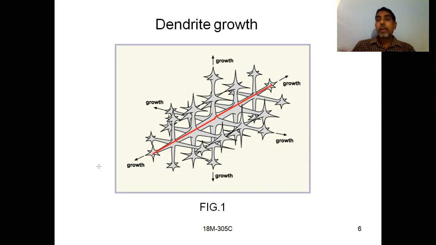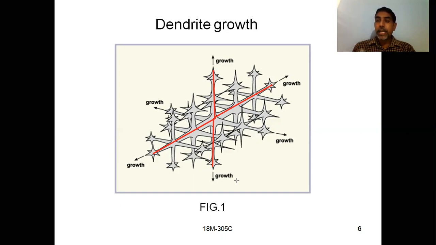That is called the primary axis. So in this primary axis, from here to here, the grain is growing. Similarly, if you observe here, it is also growing in this direction as well as in this direction.